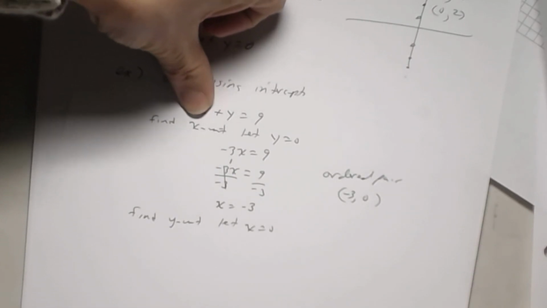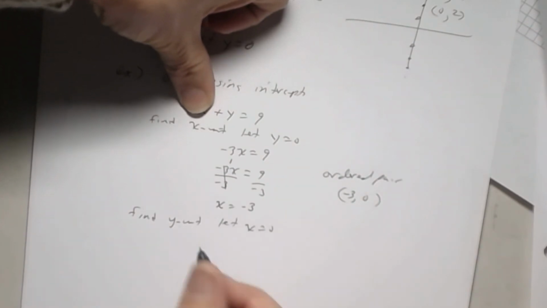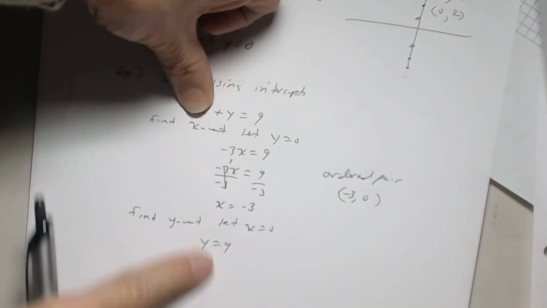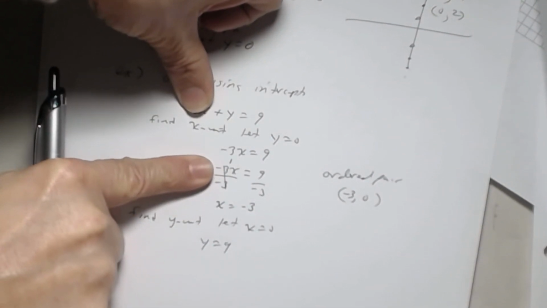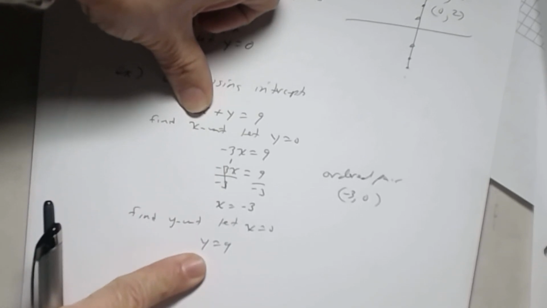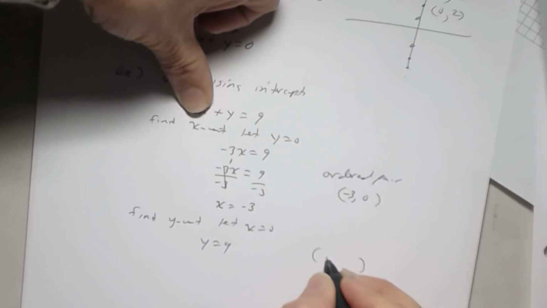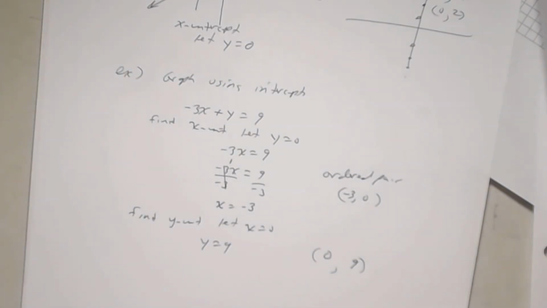Cover that term up, and y is already by itself. There's no work for that one, unlike the x-intercept where you had to get x by itself. So what's the ordered pair? 0, 9. And then all you do is plot those 2 points and graph your line.